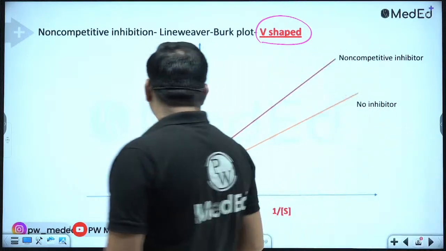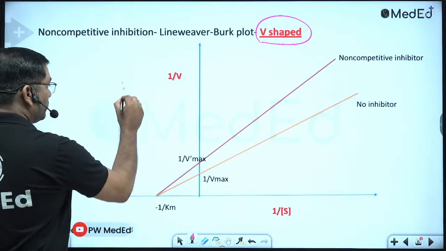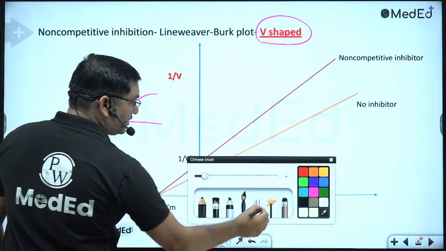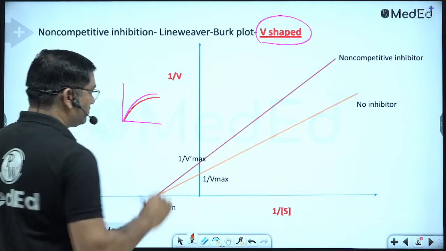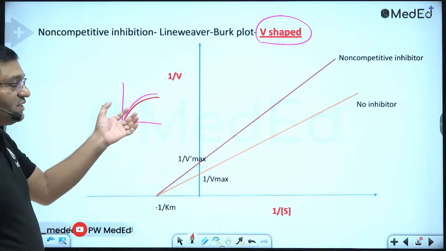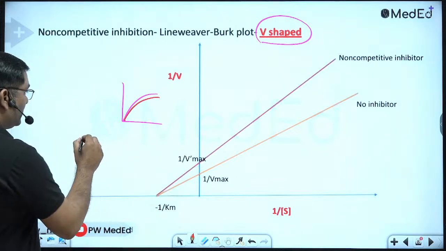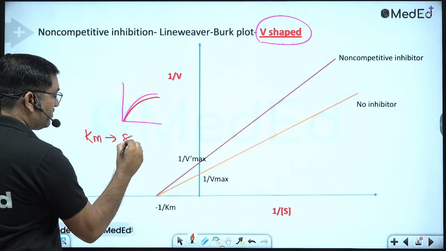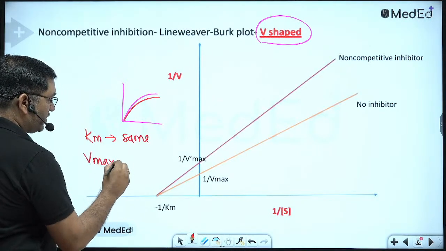If you look at the normal graph, this is the normal curve, and in the presence of inhibitor the curve will be like this. In non-competitive inhibition, Km is unaffected, it remains the same, and Vmax is lowered.